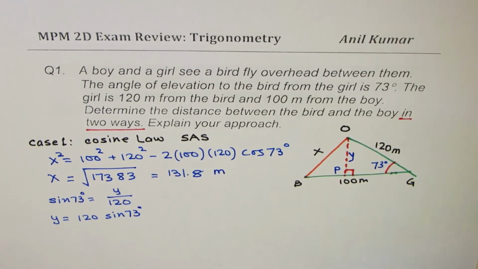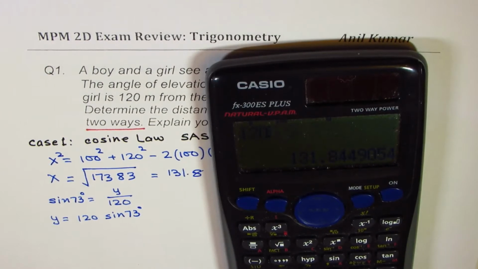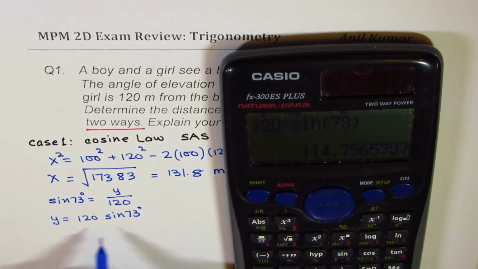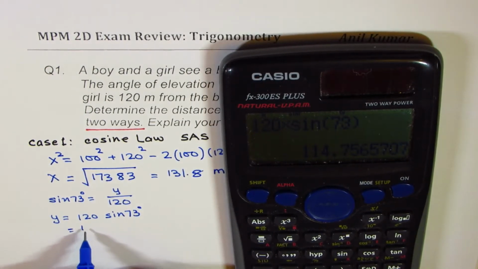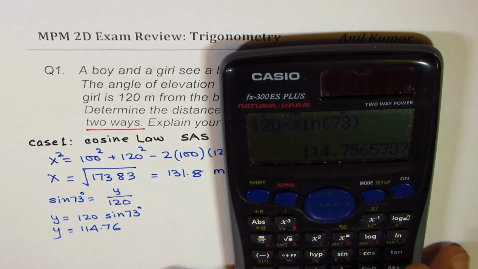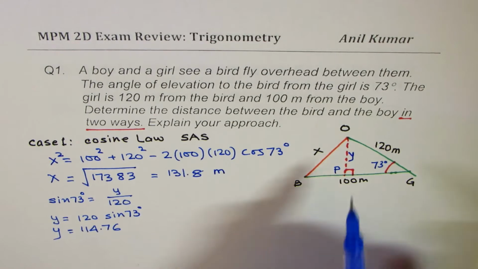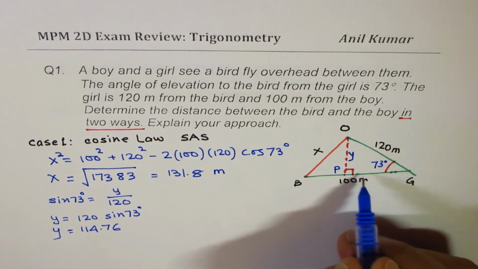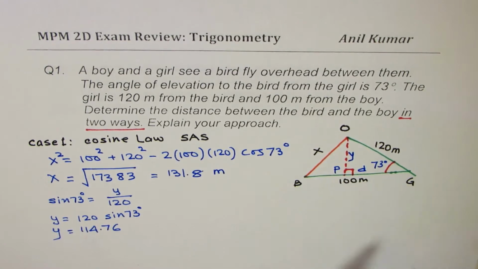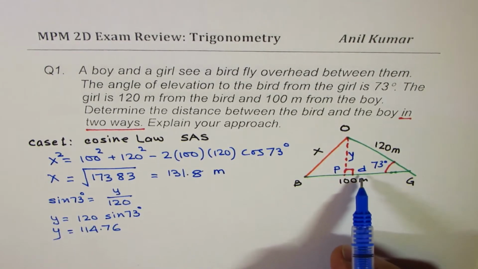Let's calculate this. 120 times sine of 73 degrees is equal to 114.7. Let's round it to 114.76. Now we can also find PG. Let's call this some distance D. That becomes the cosine, the adjacent side.